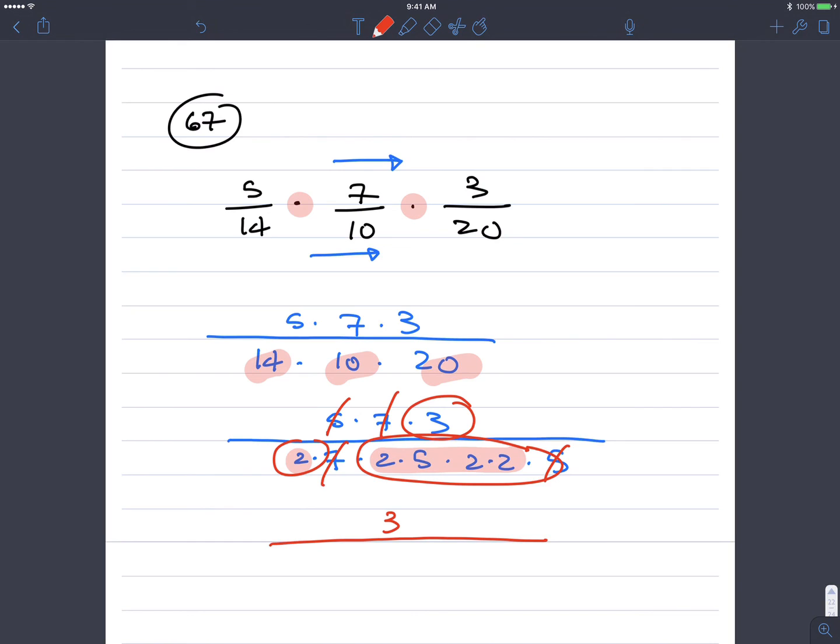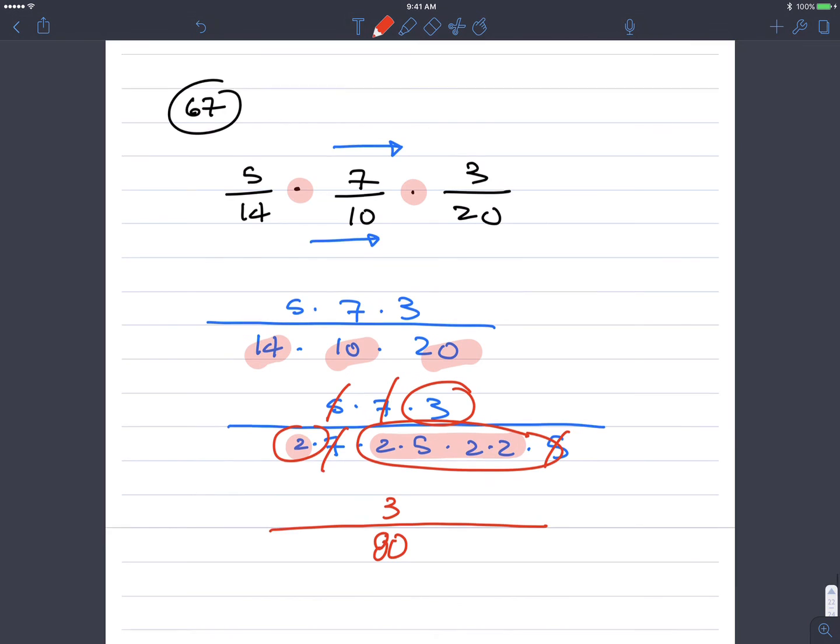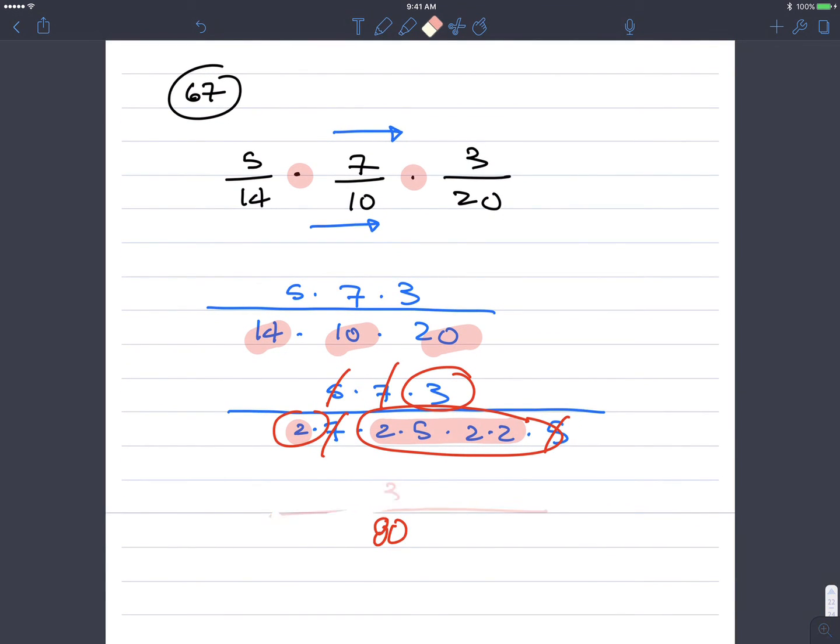So that looks to me that's going to be 2 times 2 is 4, 4 times 5 is 20, 20 times 2 is 40, 40 times 2 is 80. Final answer is 3 over 80.